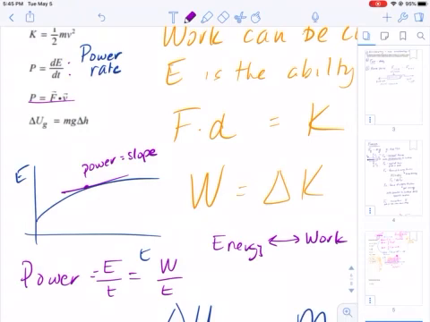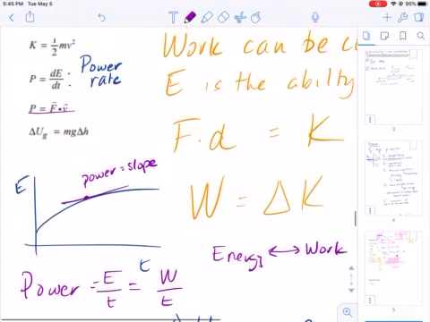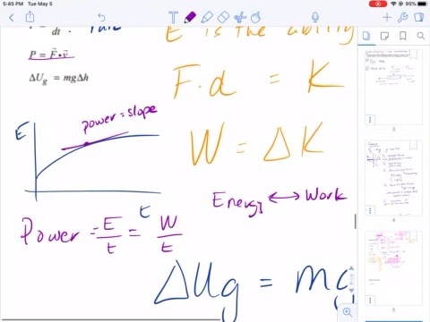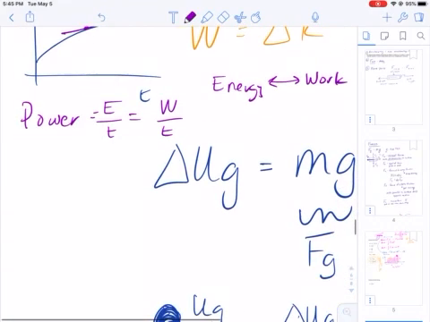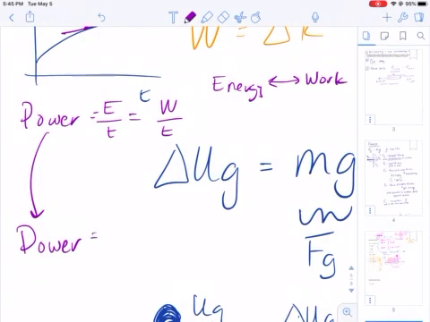This is a kind of a sneaky way to find work. Notice there's a dot again, just like there was before. It's only the parallel component that matters, just like in the work equation. So you could write this as FV cosine theta. That's what that dot means. Okay. So we're getting there, folks. We're really getting there, I promise.